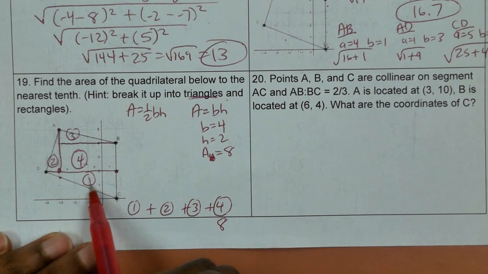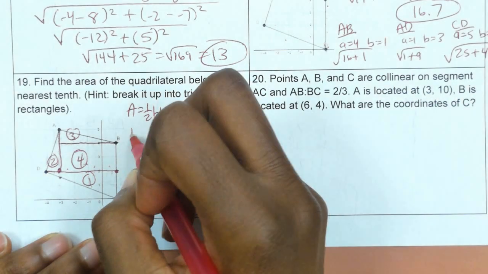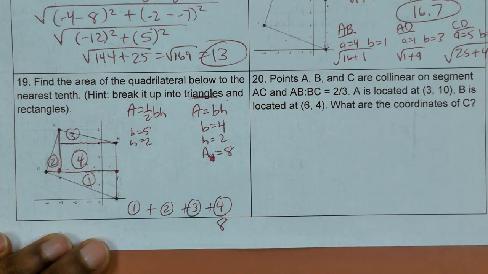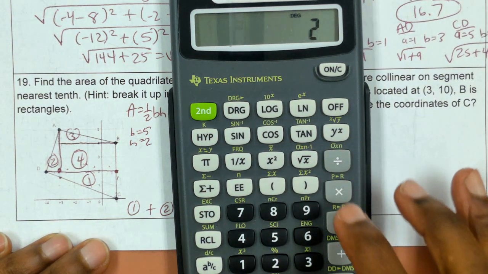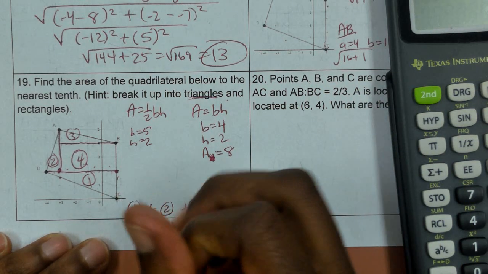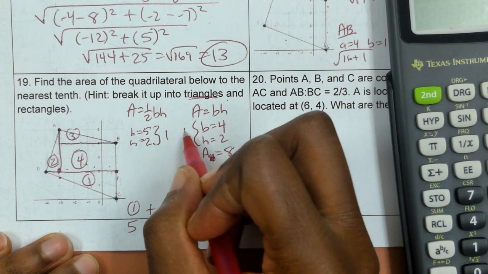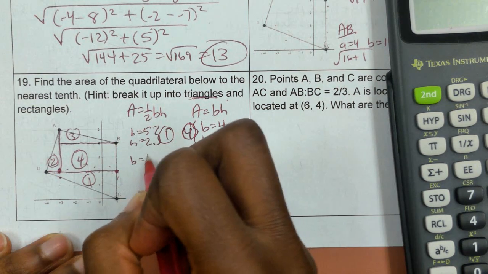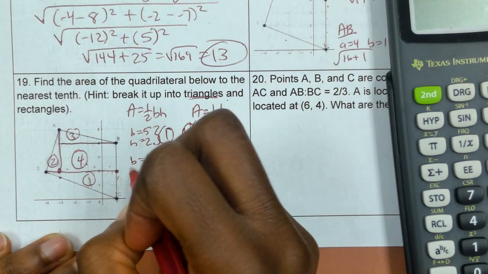Okay, the triangle for number 1, we have a base of 1, 2, 3, 4, 5 units and a height of 1, 2 units. So 1/2, so 1 divided by 2 times 5 times 2 is going to give us 5 for the area for 1. This is for 1, this is for 4. For the second shape, we have a base of 1 and a height that goes from 2 to 5, so 3.